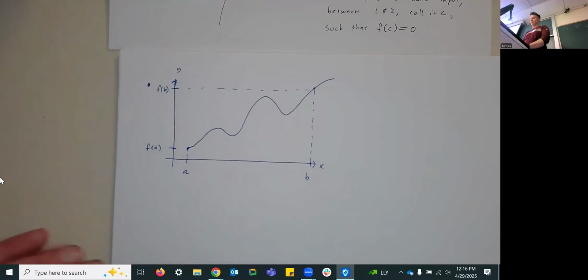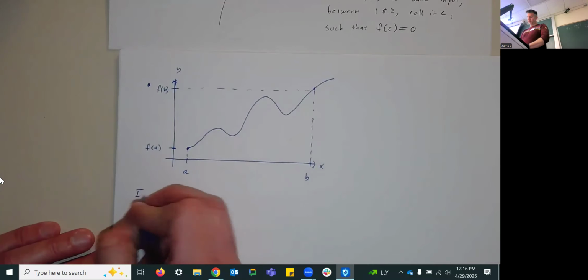So here's kind of the formal statement of the intermediate value theorem.